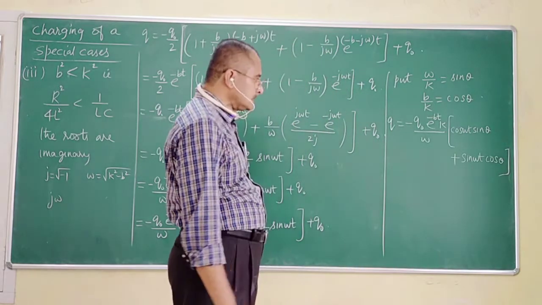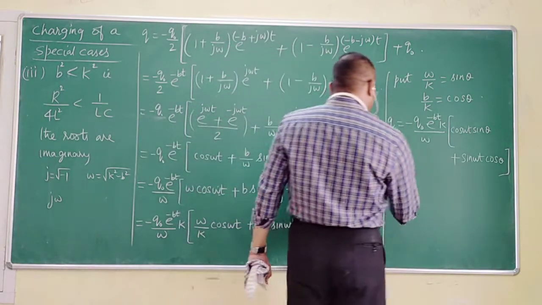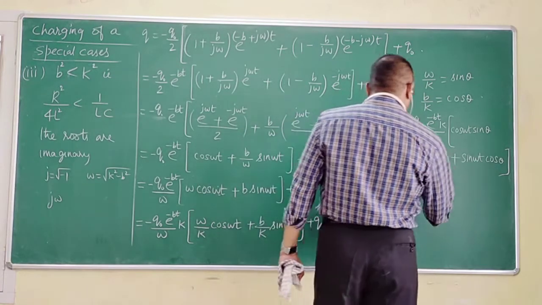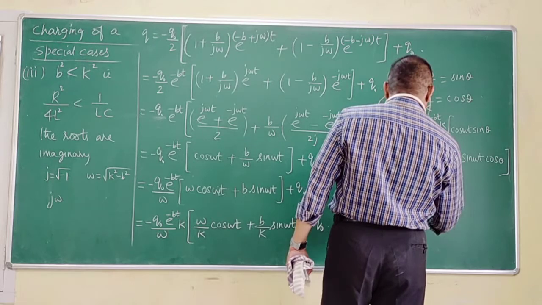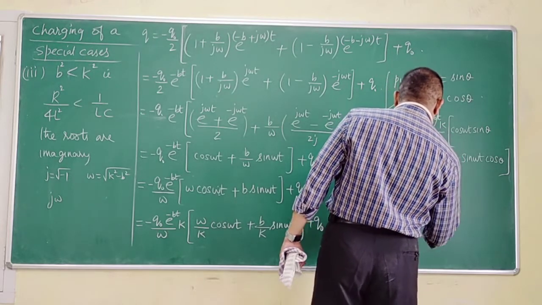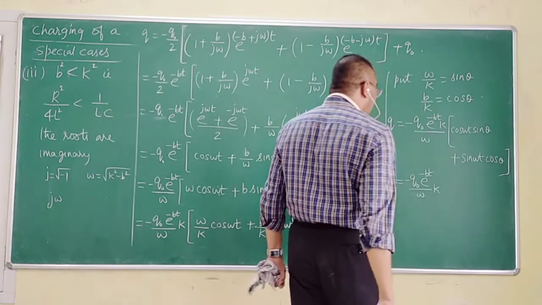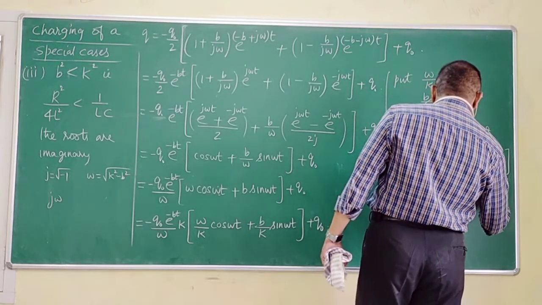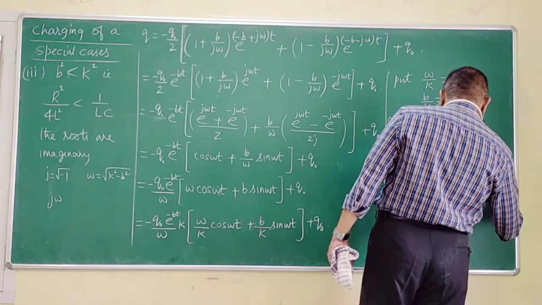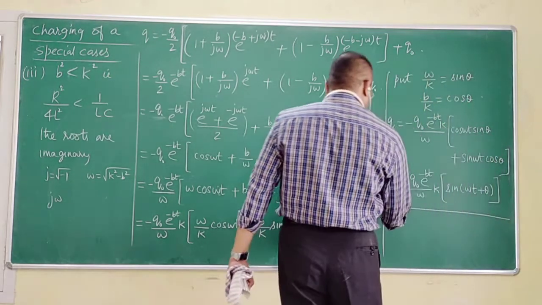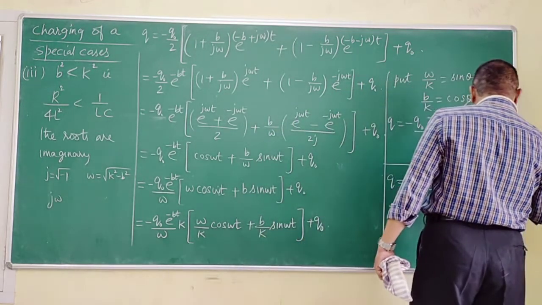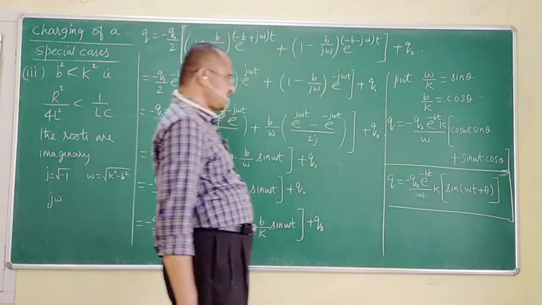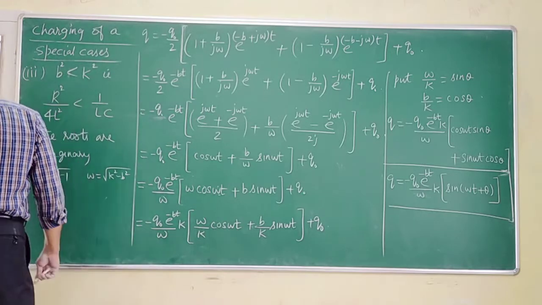Right, sir? This will now reduce to q is equal to minus q naught e power minus bt by omega into k into sin omega t plus theta. This is the final expression I got.